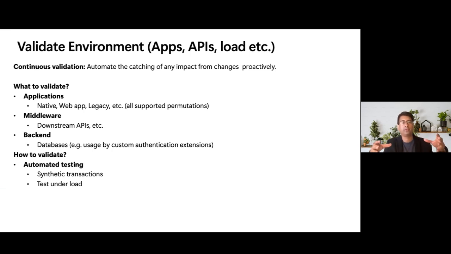One thing I do want to call out is that for successful deployment, because customer identity solutions usually require you to have native applications like mobile, web, APIs, branding, you need validation that covers end to end. So applications, your middleware, your backend.